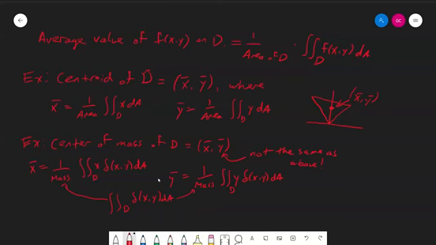So in principle, finding the center of mass of a region might involve doing 3 double integrals: 1 to find the mass, and then 1 to find x bar, and 1 to find y bar. So these are some of the applications of double integrals, and next we're going to look at a couple examples of finding things like mass and centroid and center of mass.